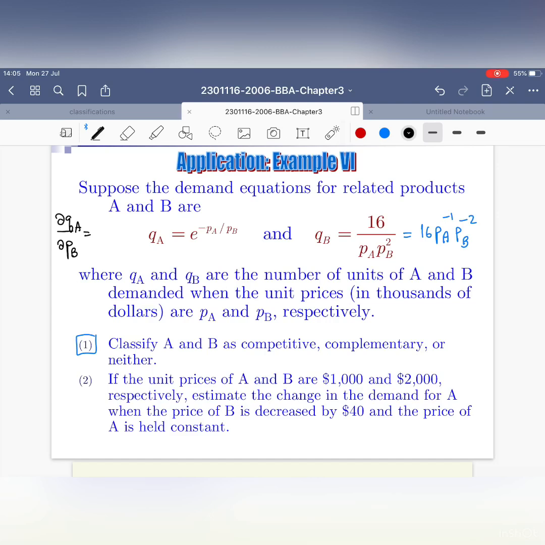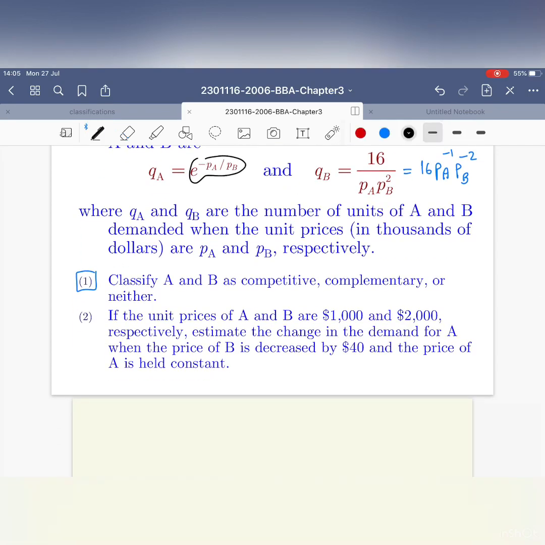Okay, so this one, because it is the exponential, it becomes the same exponential, right? And then it is a derivative of the inside, which is, let me just write down on the other page here. So it is dQA with respect to the price B, which is the same exponential, and then a derivative of the one inside with respect to PB, which is negative PA over PB, is it?